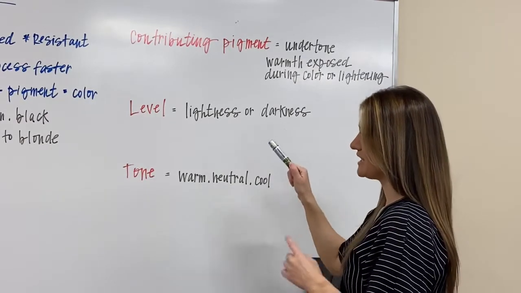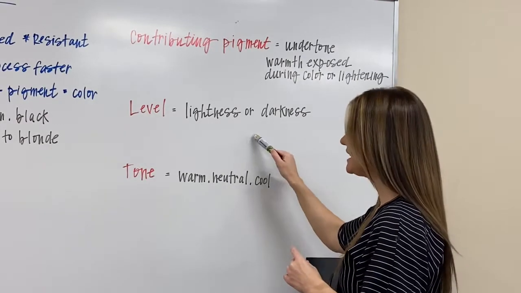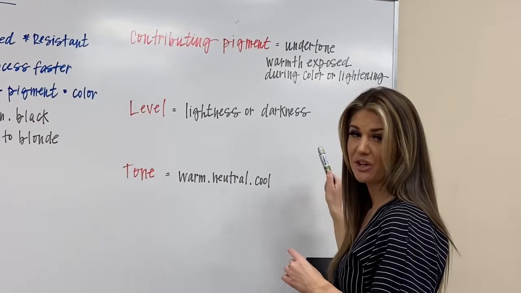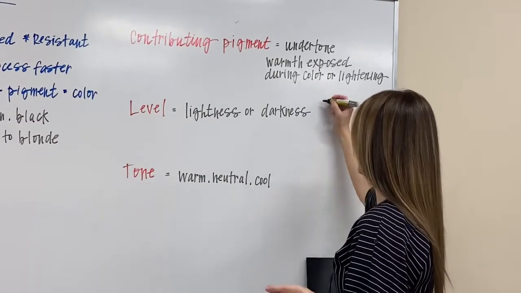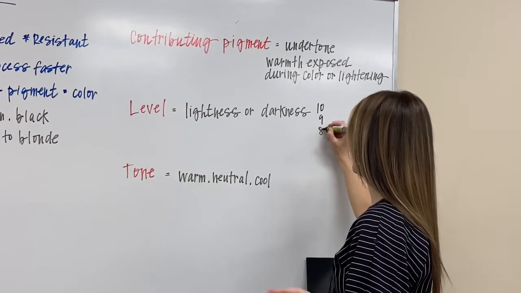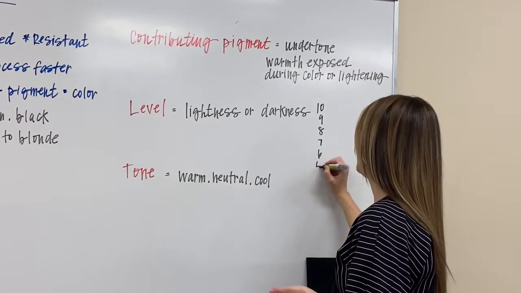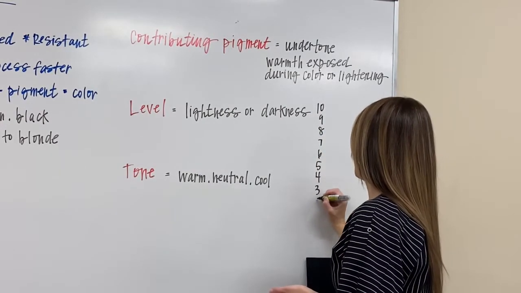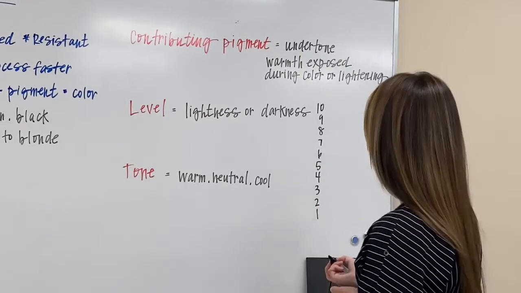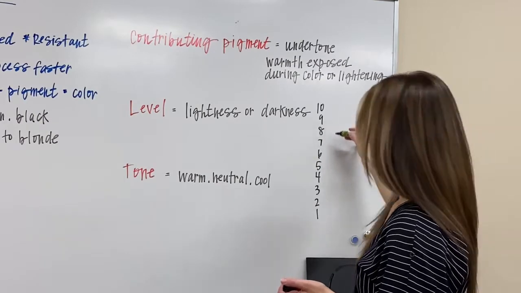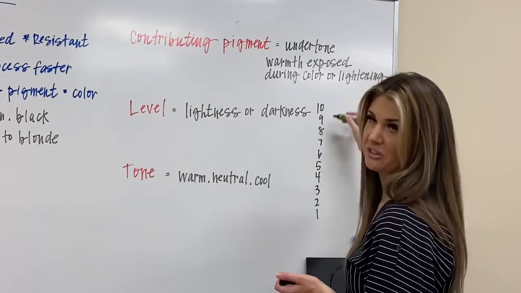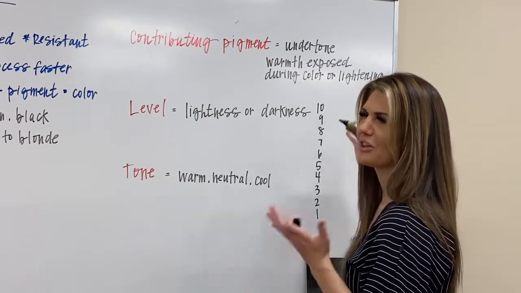I'm going to get into this in formulation more, but this is the lightness or darkness of a color. So there are 10 levels, 1 through 10. All right, 10, 9, 8, 7, 6. You guys are getting the idea, so I'm not gonna keep counting. The lighter the color, the greater the number.